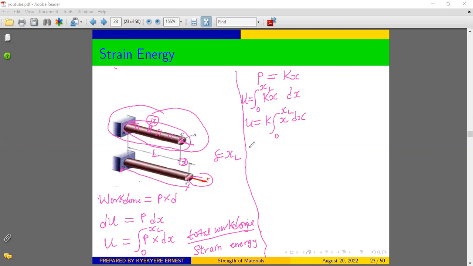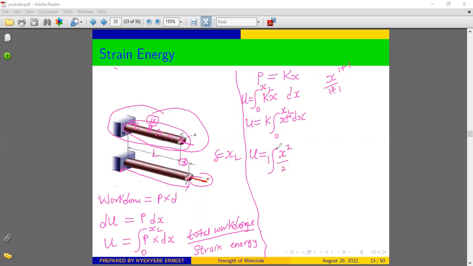In integration, we add 1 to the power. So this is raised to the power 1, so we have 1 plus 1, all over 1 plus 1. So we are going to get x raised to the power 2 over 2.